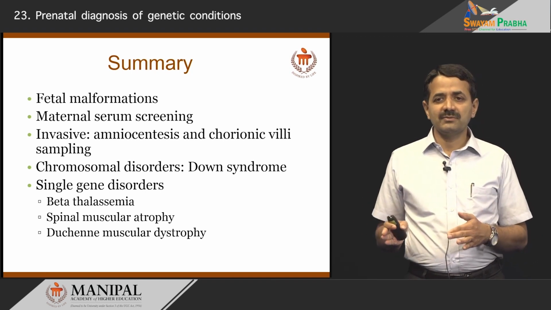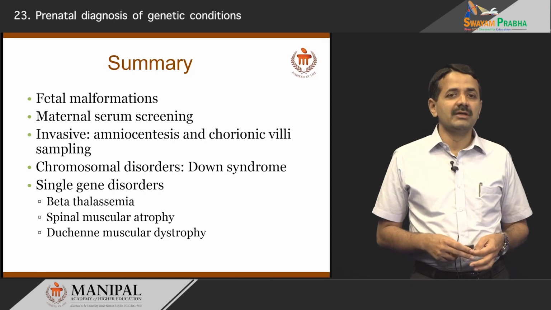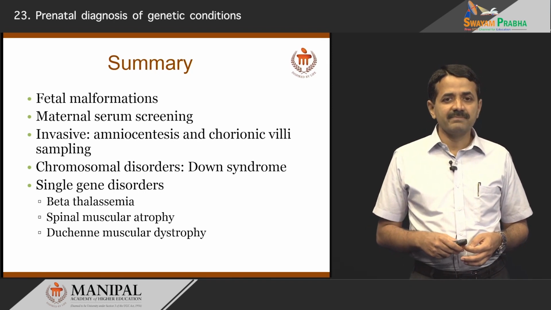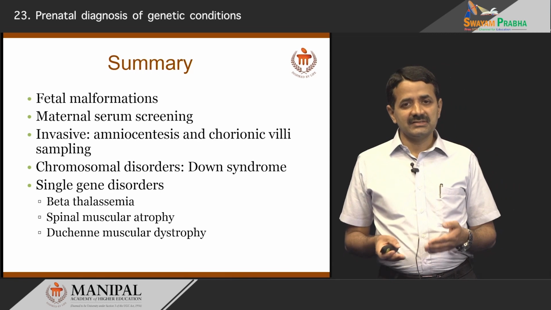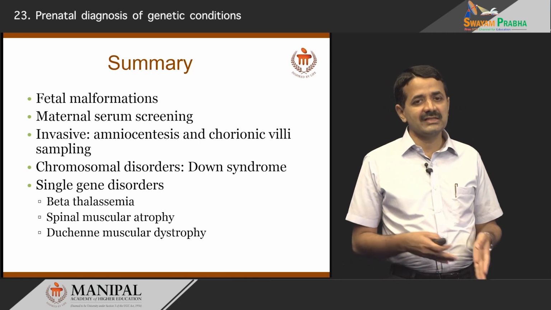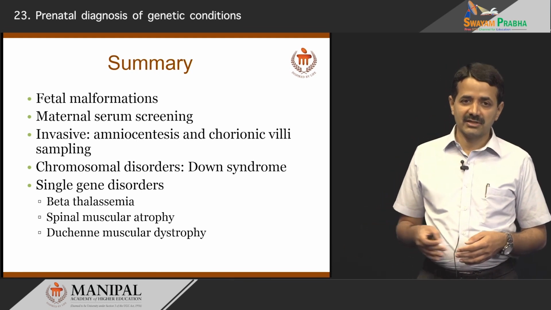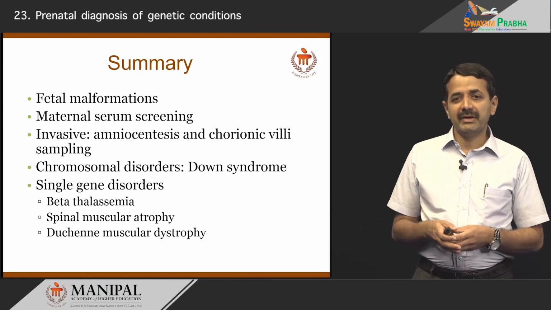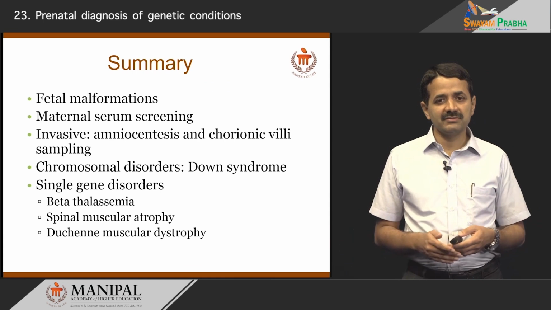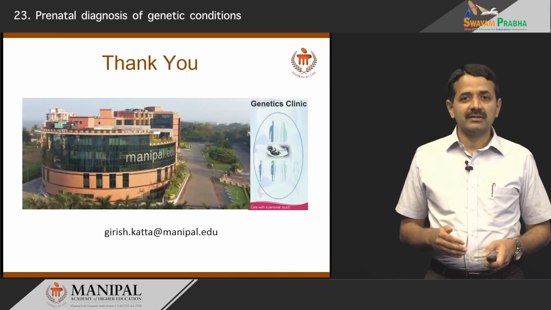Amniocentesis and chorionic villi are the most commonly used methods for invasive testing of the fetus. The most common condition tested is Down syndrome or single gene disorders like beta thalassemia, spinal muscular atrophy and Duchenne muscular dystrophy. These are the most common, but it may vary from place to place, from center to center. Thank you.